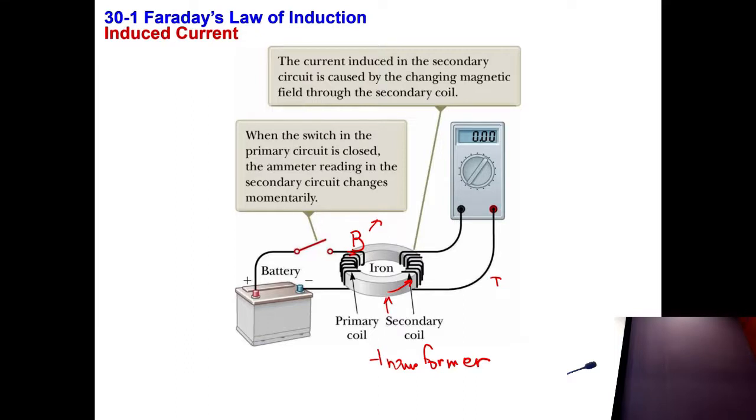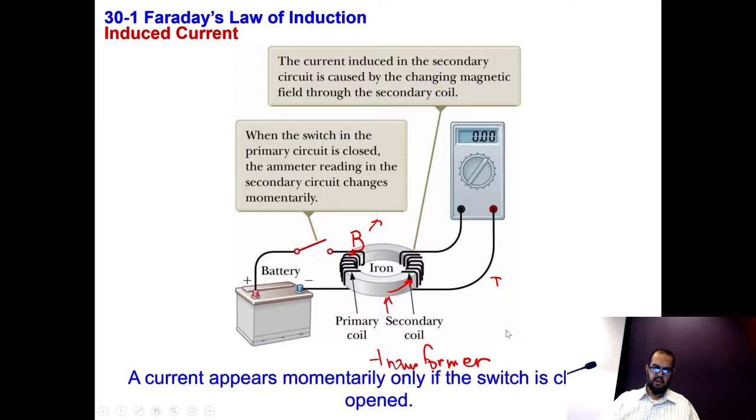It is also based on the same principle of induction. As the voltage and the current are changing in the primary coil, the magnetic field is changing. This changing magnetic field will induce a current in the secondary coil. So this is transformation of energy from the primary coil to the secondary coil.